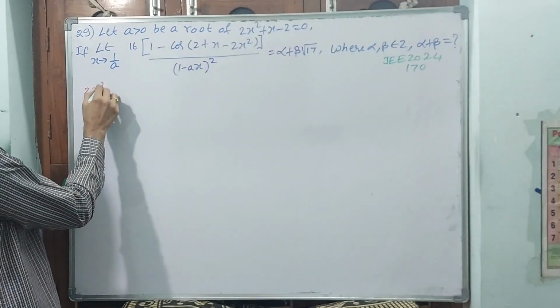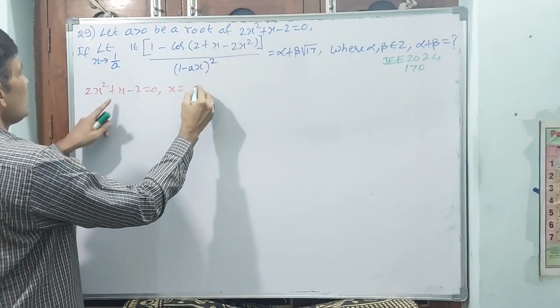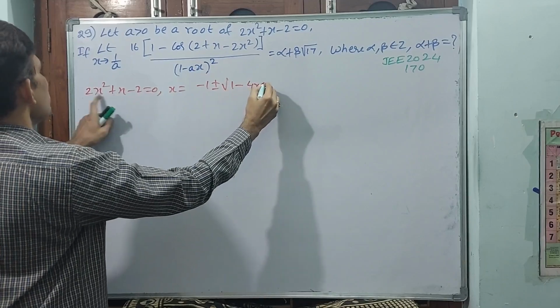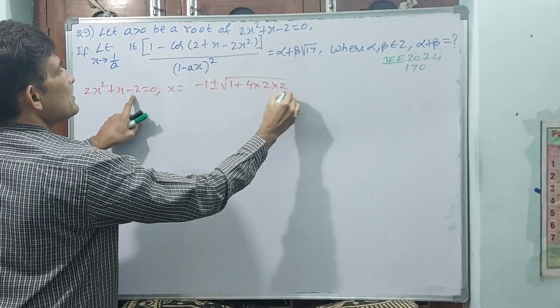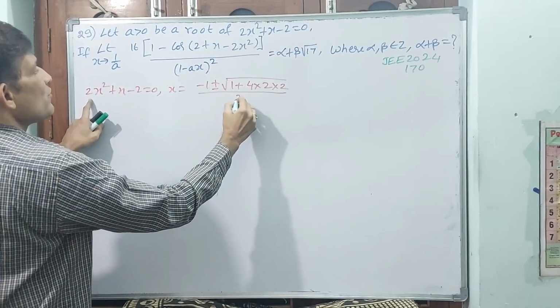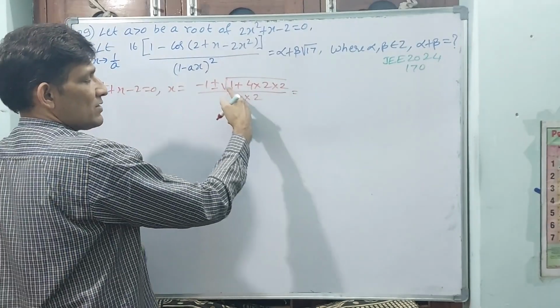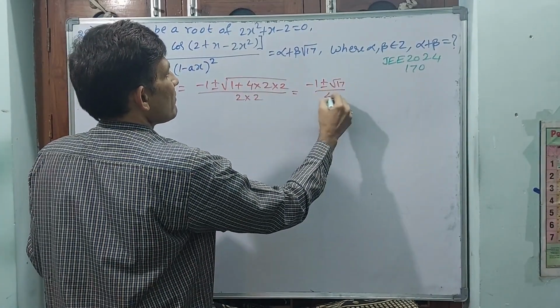2x² + x − 2 = 0. x is equal to minus b plus or minus square root of b² − 4ac, by 2a, 2 into 2. The discriminant is 1 + 16 = 17, so x = (−1 ± root 17)/4.